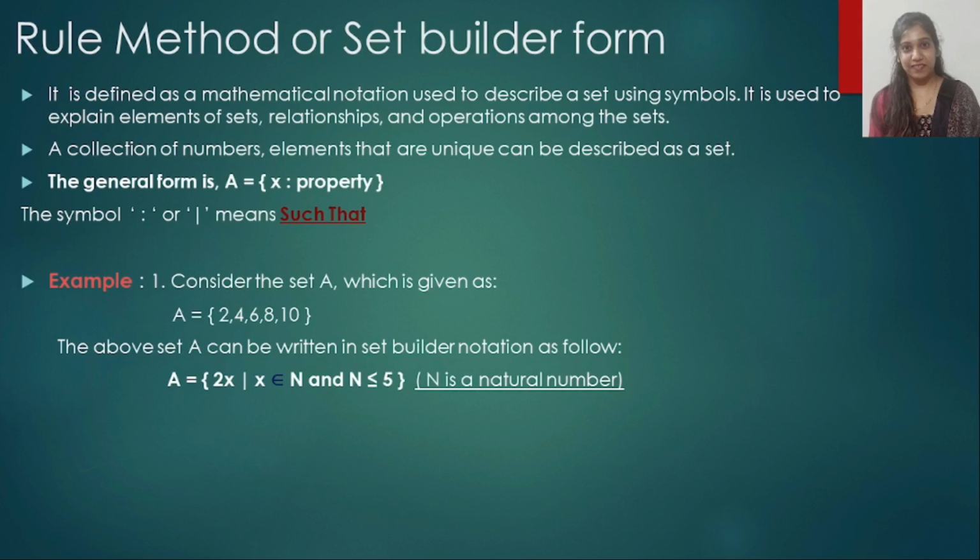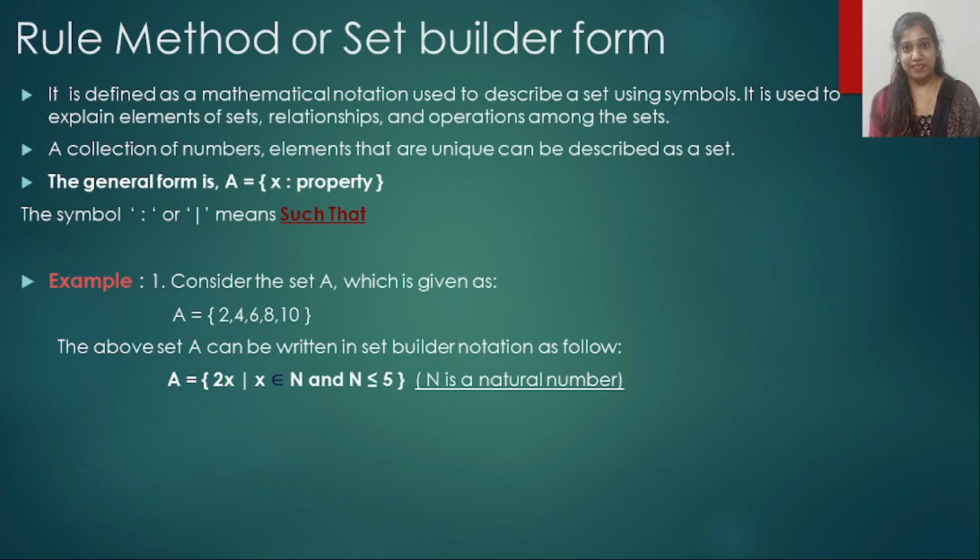N is the set of natural numbers, so we know 1, 2, 3, 4, 5 are natural numbers. So we mention x as a natural number, and 2 into x. If we solve this, we will come to our set, which is 2, 4, 6, 8 and 10. This is how we write a rule method.